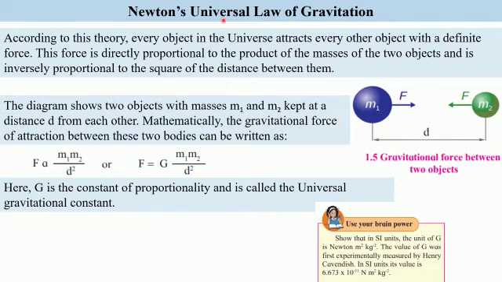So that is Newton's universal law of gravitation. That is, there exists a force of attraction between any two objects in the universe, and this force of attraction is directly proportional to the product of the masses of the two objects and inversely proportional to the square of the distance between them.